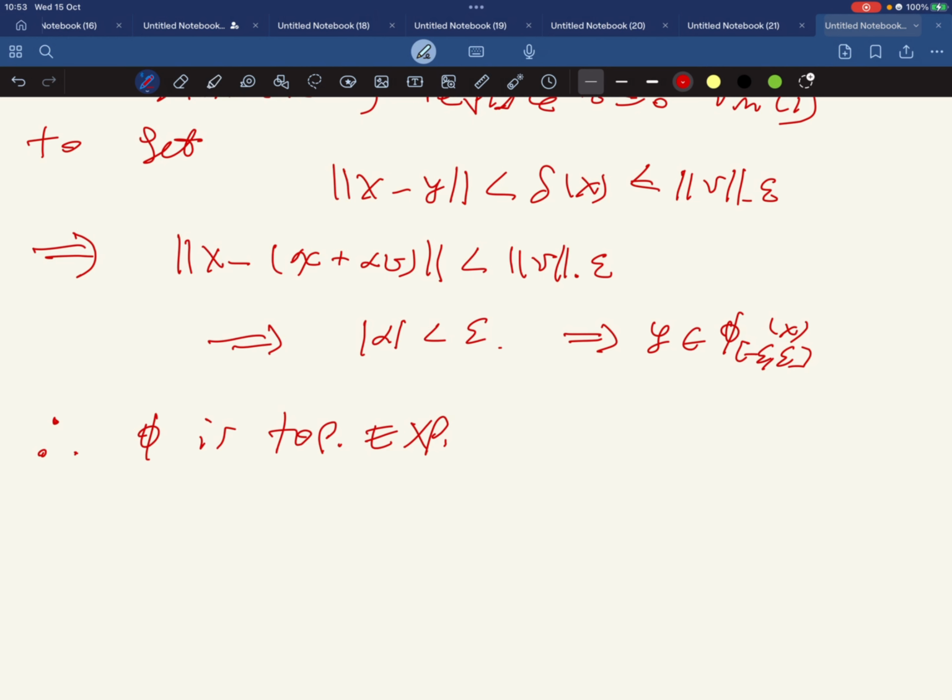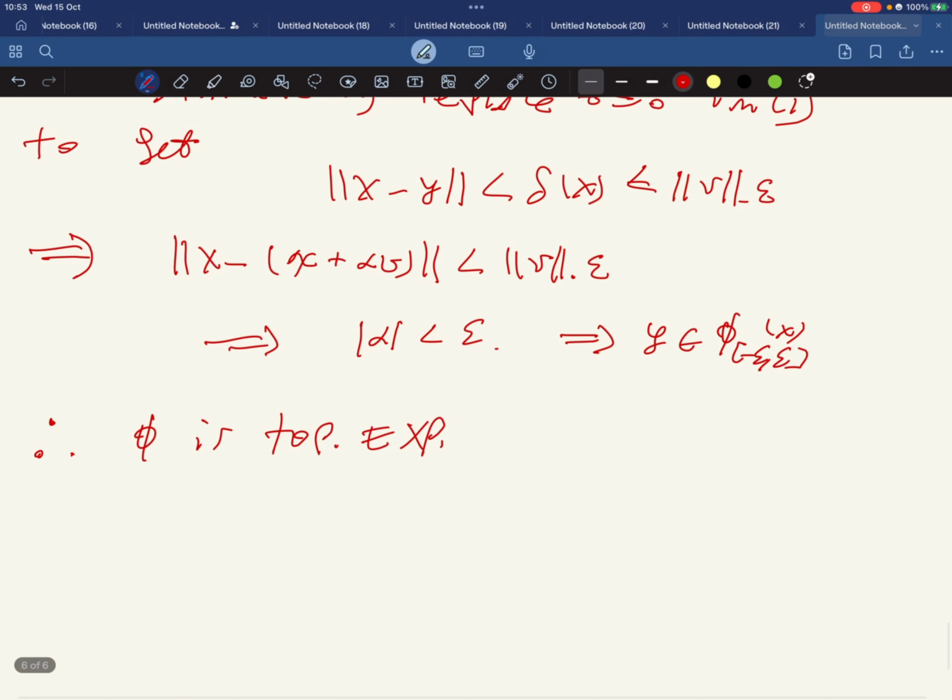Now, what happens if the dimension of the space is bigger than 1? Well, okay, wait a minute. Sorry. What happens in dimension bigger than 1?